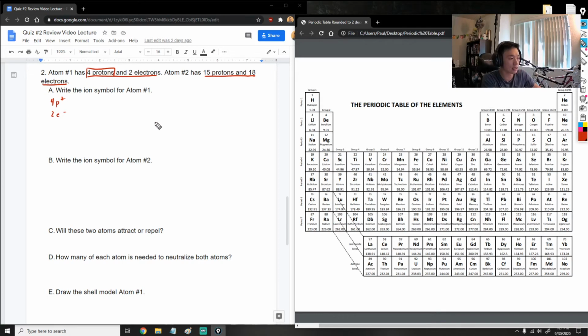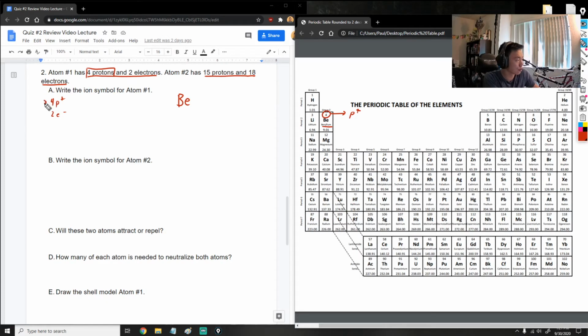Now the element is determined by the proton. So we just go on the periodic table and look for the number 4 on top. You should find number 4 right here. The number on the top is the proton. So we know that atom number 1 is beryllium. The symbol is Be.